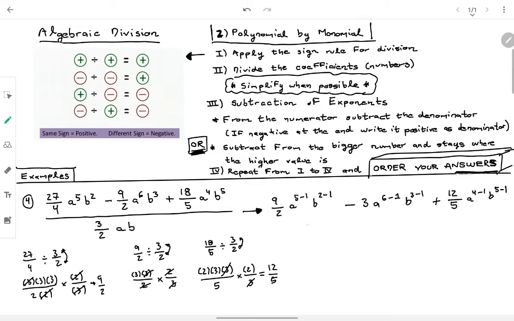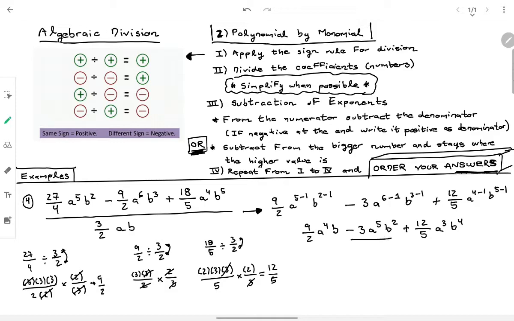So we will get something like 9 halves of a to the 4th b minus 3 a to the 5th b squared plus 12 over 5 a cubed b to the 4th. Then we will need to order our answers.